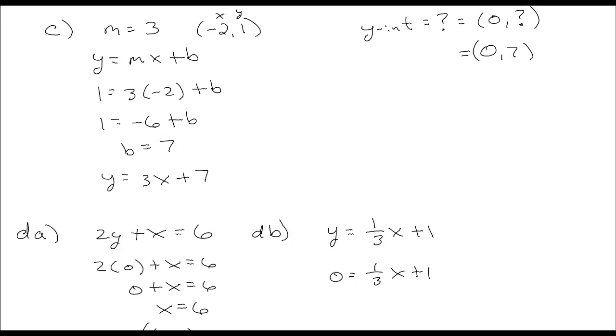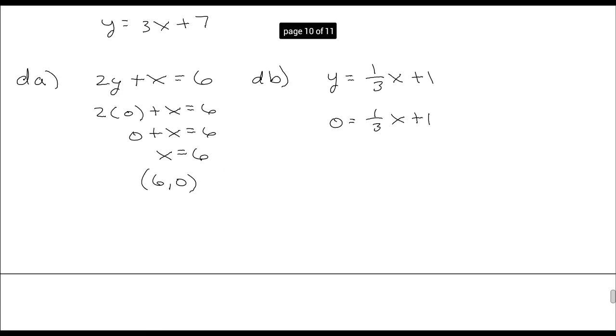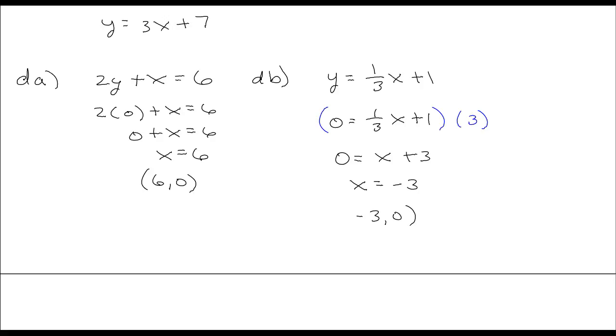I don't really like fractions, so I'm going to use a trick here: multiply this entire equation by 3. Distributing that through, 3 times 0 is 0, and 1/3 of 3 is 1, so it's just 1x plus 3. Then subtract the 3 to the other side. As a coordinate, your x-intercept is negative 3, 0.